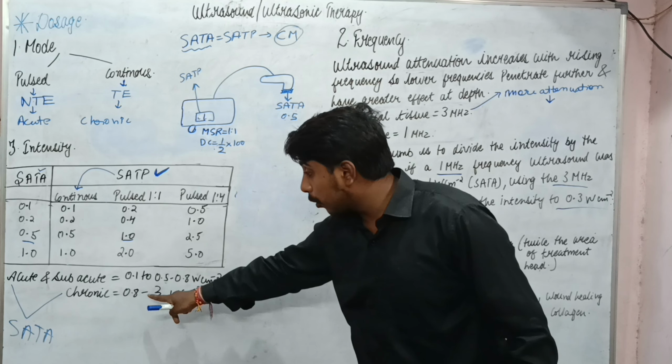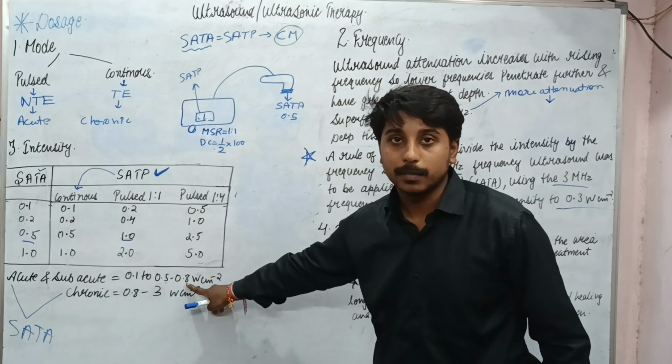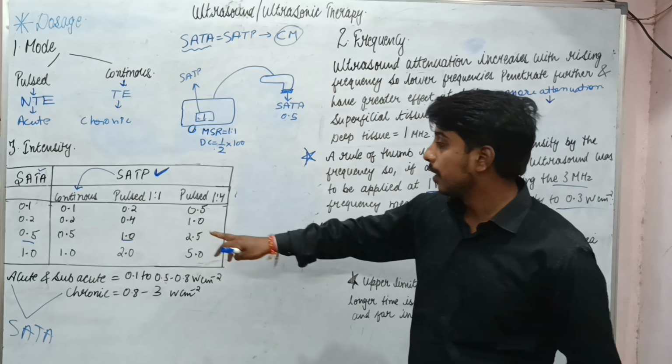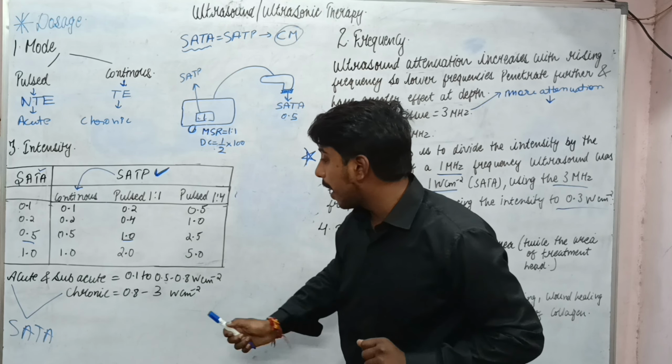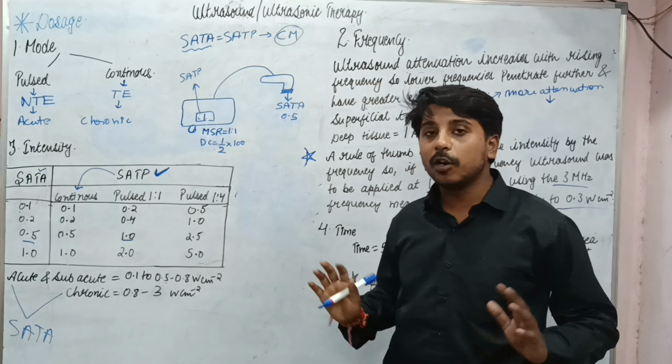Okay. We want to give SATA, for example, I want it 0.8. Okay. I want it at, let us say, 0.4. Because in acute and subacute condition, I want intensity to be 0.1 to 0.8.